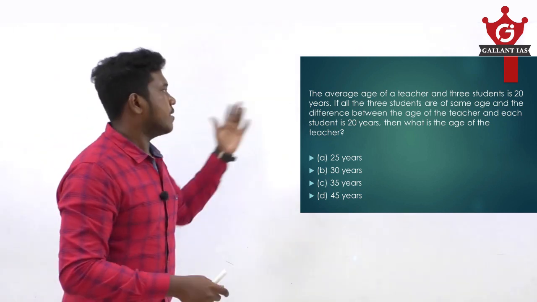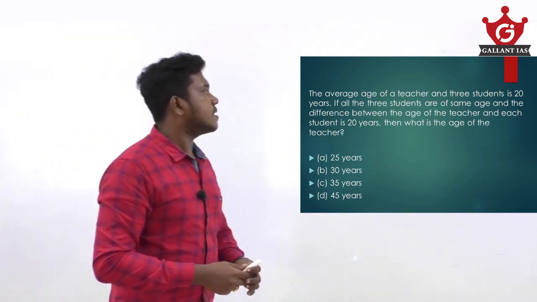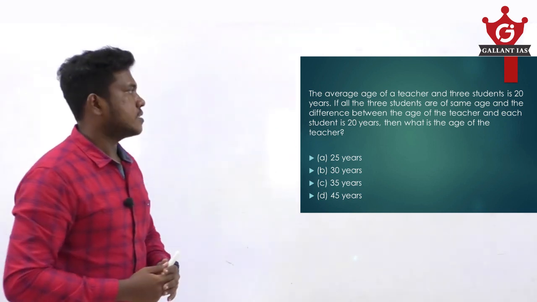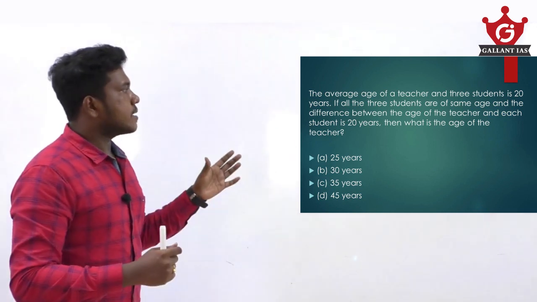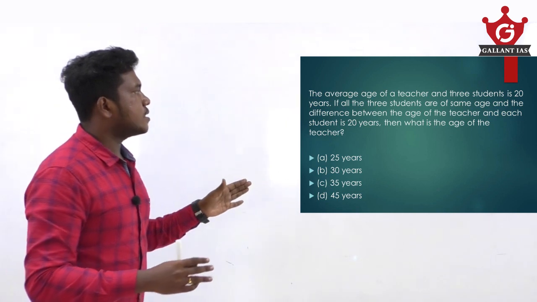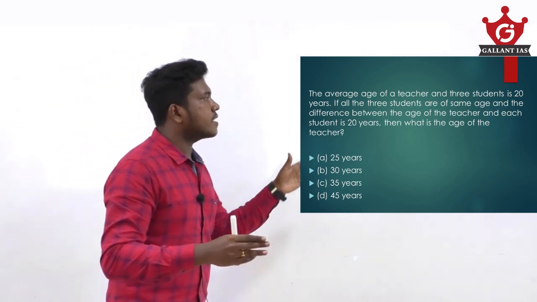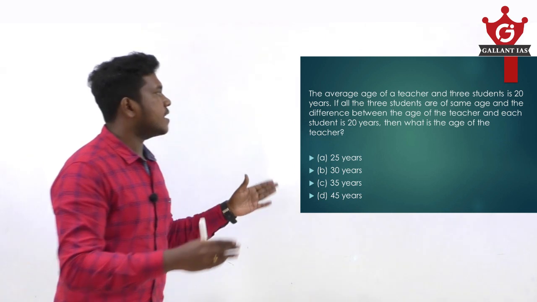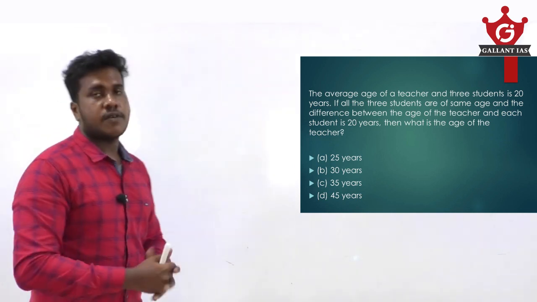Now look here, the average age of a teacher and 3 students is 20 years. If all the 3 students are of the same age and the difference between the age of the teacher and each student is 20 years, then what is the age of the teacher?